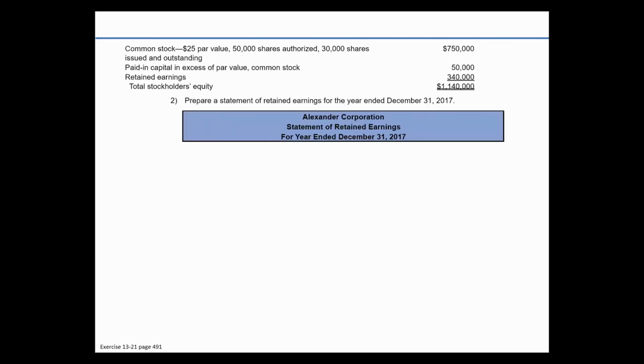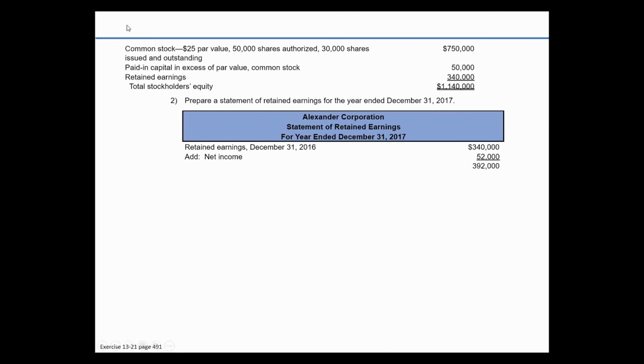Then we could prepare the statement of retained earnings for the year ended December 31st of 2017. So we have retained earnings on December 31st of 16 of 340,000. We add our net income from the current year, which is 17 of 52,000.